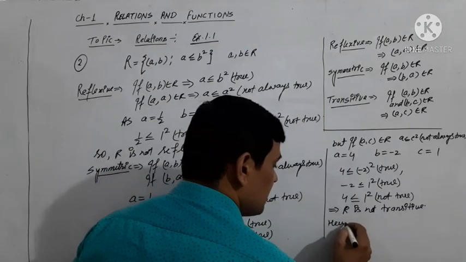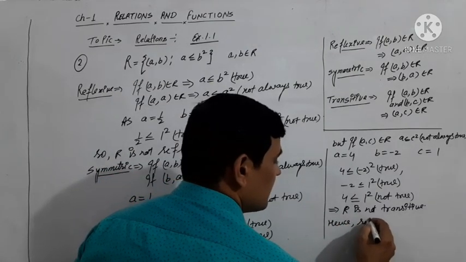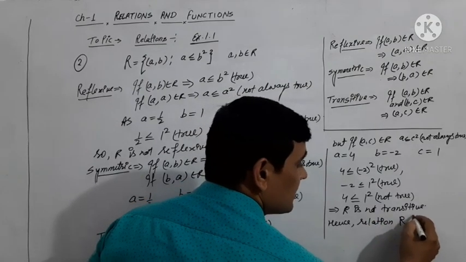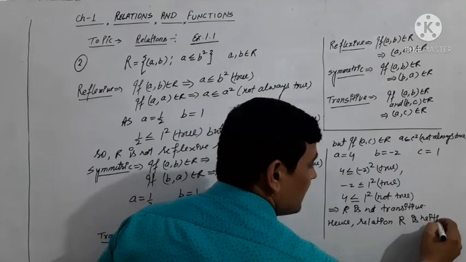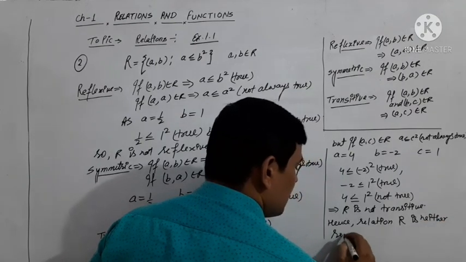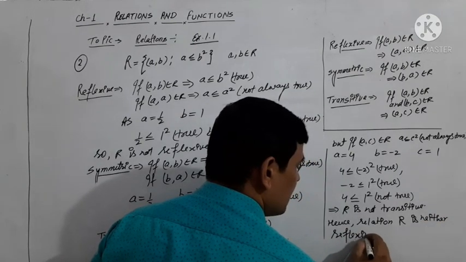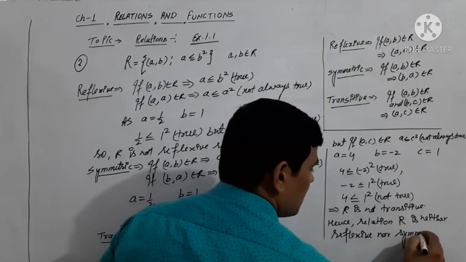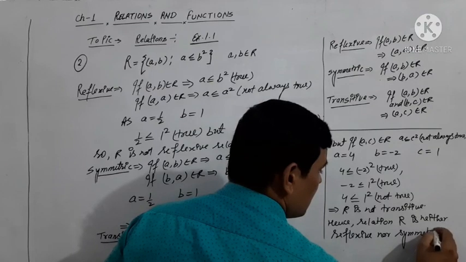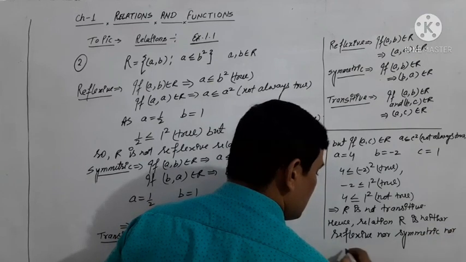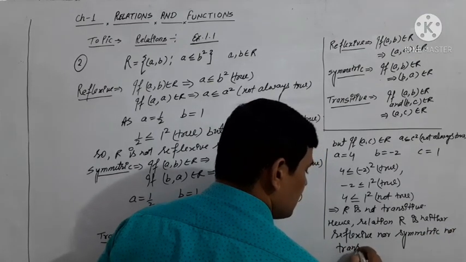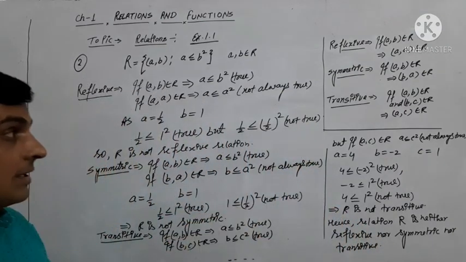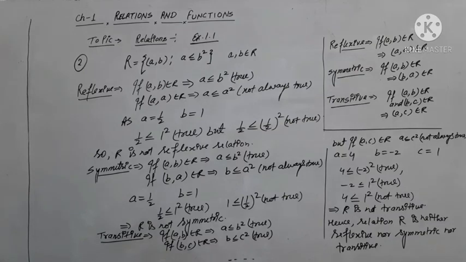Hence, relation R is neither reflexive, nor symmetric, nor transitive. Clear? This question has been completed.